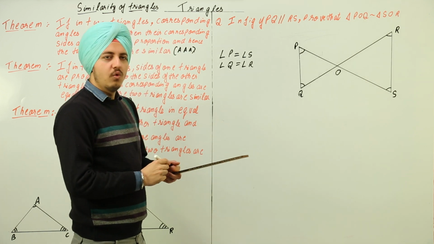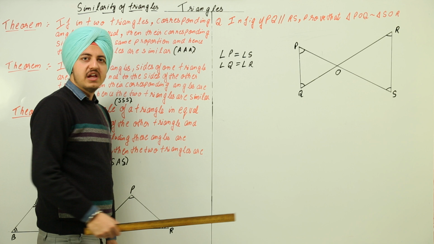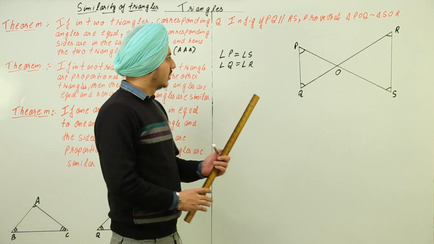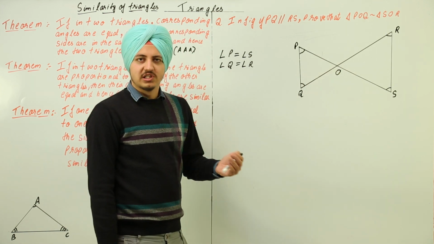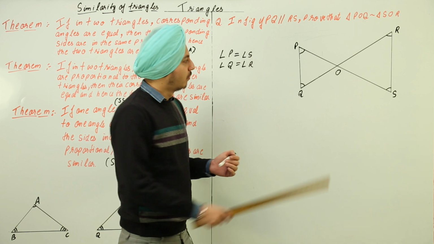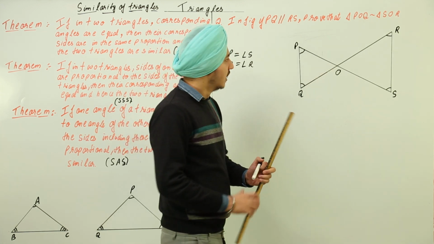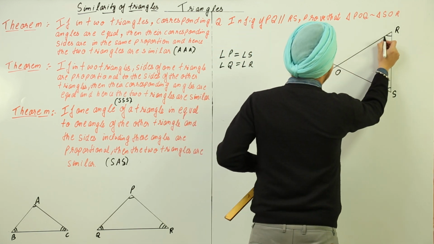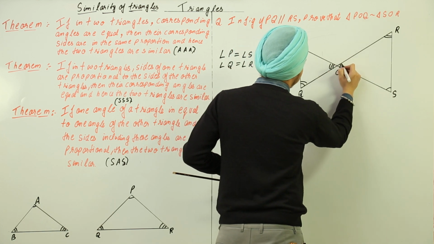Right? Now one thing that you need to know, in AAA criteria, if we are able to tell that the two angles are equal, the third angle is itself equal, because the sum of angles in both the triangles is going to be 180 degrees, correct? So if angle P is equal to angle S and angle Q is equal to angle R, then automatically this angle is equal to this angle.